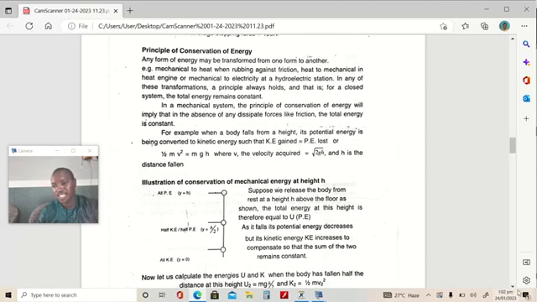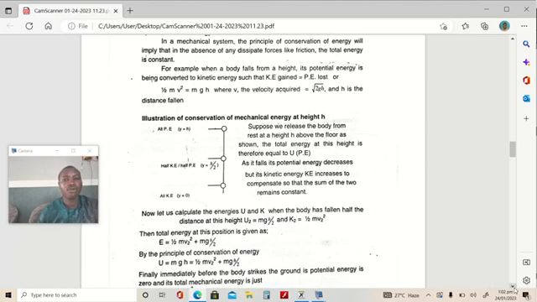So let's see this example for a free fall body. For example, when the body falls from a height, its potential energy is being converted to kinetic energy, such that the kinetic energy gained is equal to the potential energy lost. So half mv squared is going to be equal to mgh, where v is the velocity acquired.